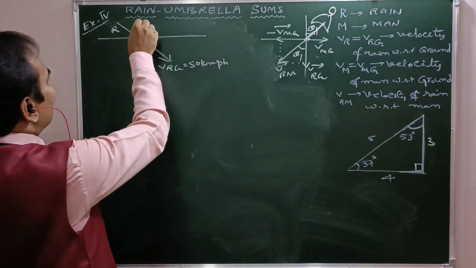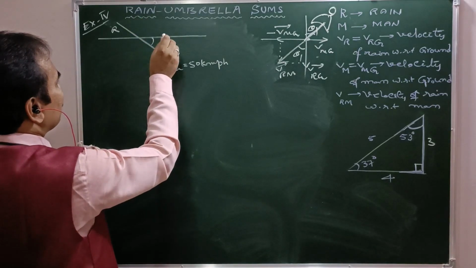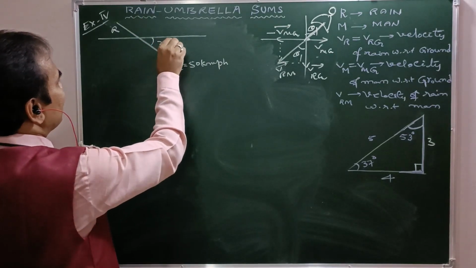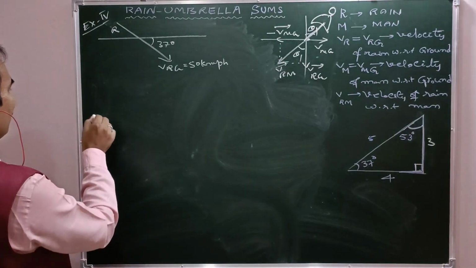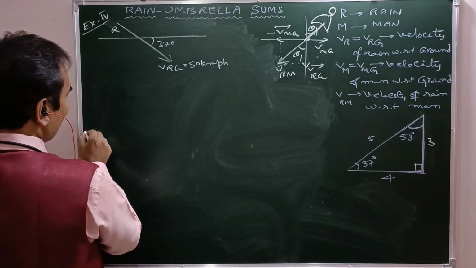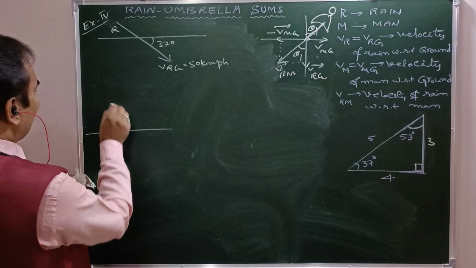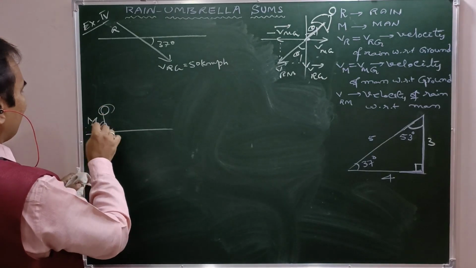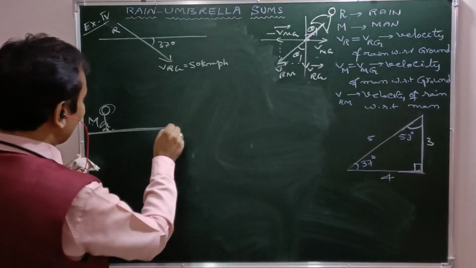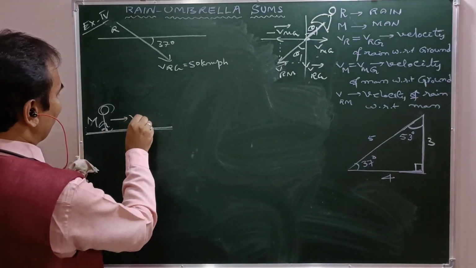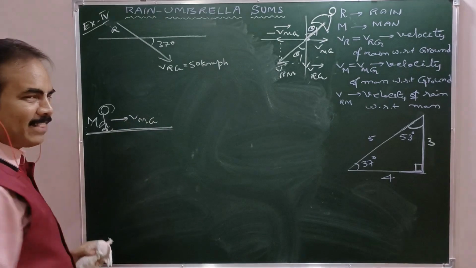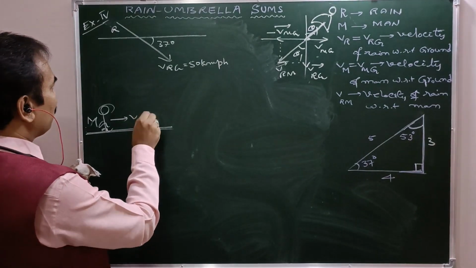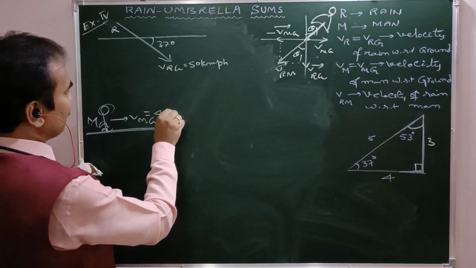So what is the angle made by rain with horizontal? That is 37 degrees, right? Here a man is running along positive x-axis on the horizontal with a speed Vmg, velocity of man with respect to ground, equal to 40 kmph.